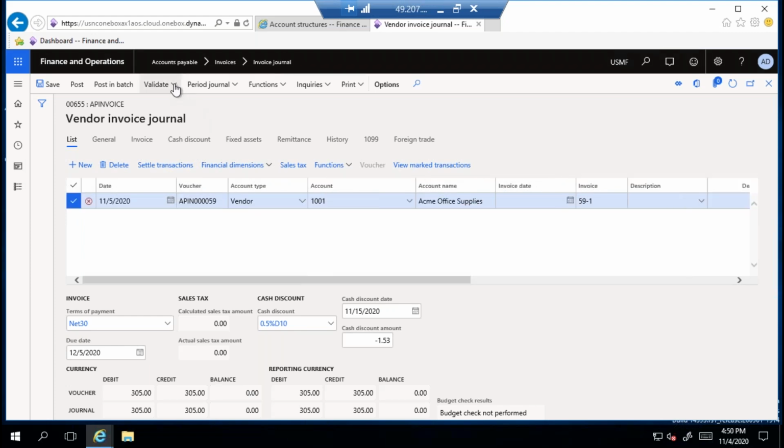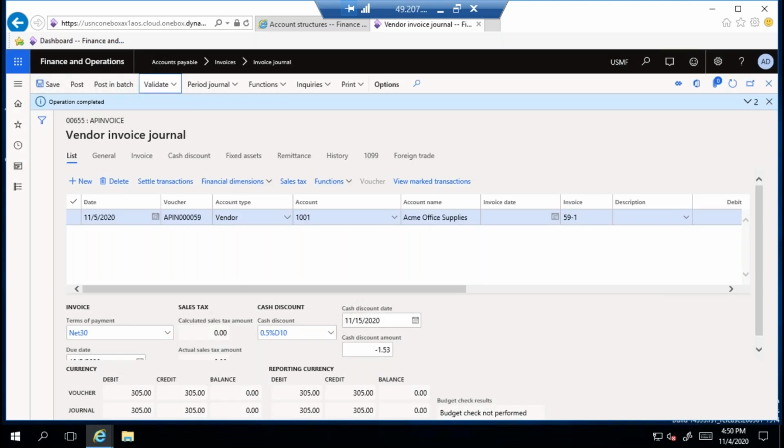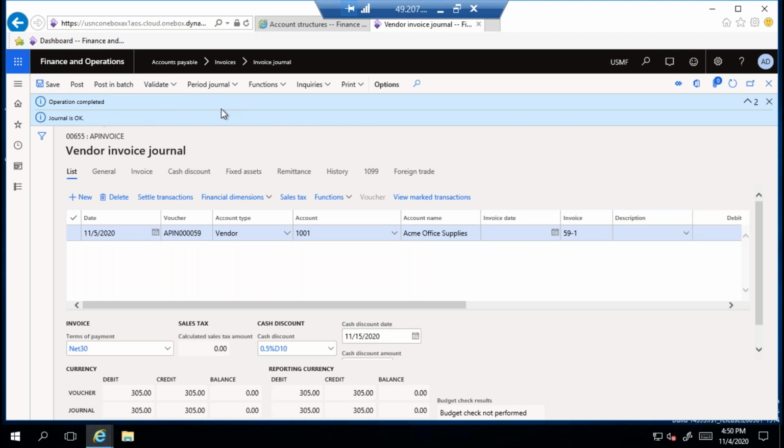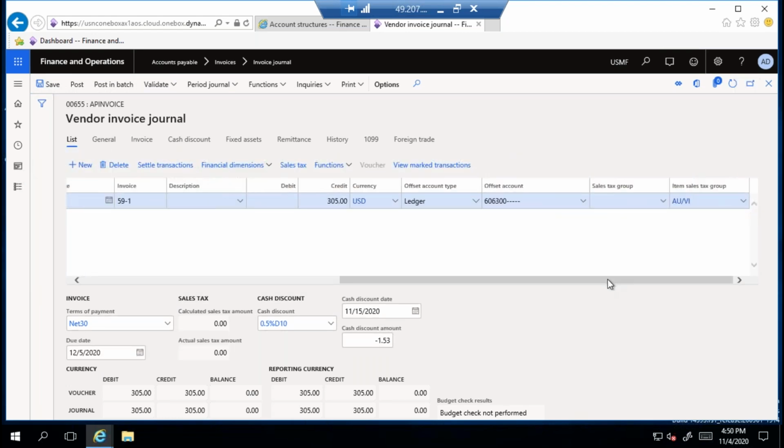Now let me click on validate. It will show you the journal is okay. Operation completed, journal is okay. Here in this offset account, I have not mapped any dimensions.